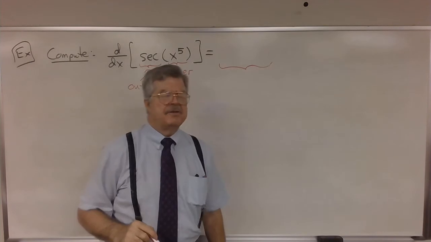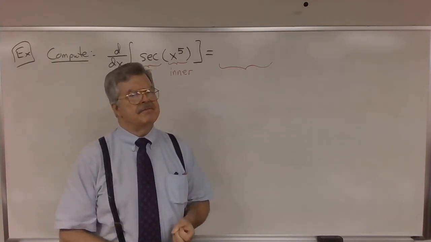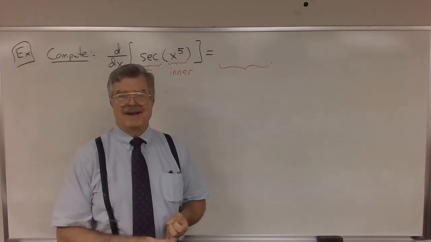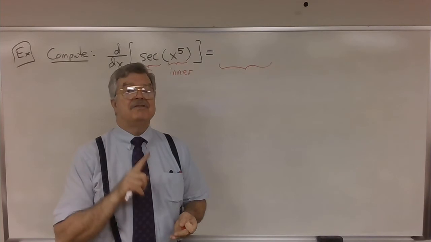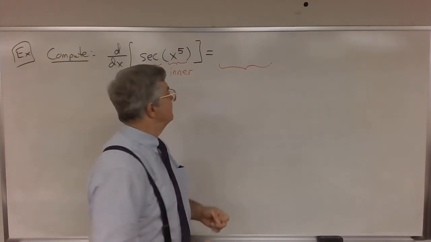Help me out here. What does the chain rule say? The derivative of the outer evaluated at the inner times the derivative of the inner.